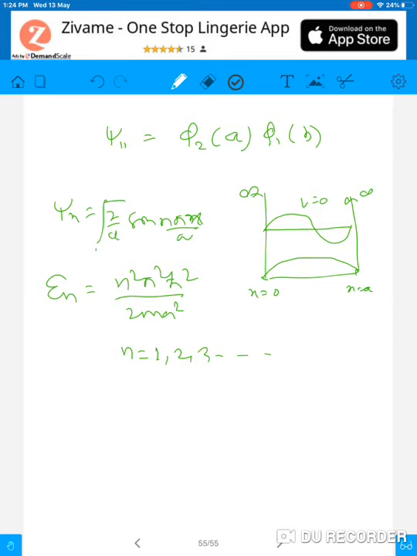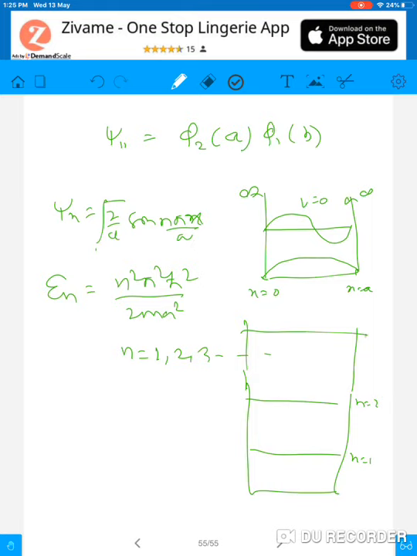For two identical particles, if I draw the energy levels, this is for n equal to 1, this is for n equal to 2 and this is for n equal to 3. Don't bother about the gap between them, because the gap between n equal to 1 and n equal to 4 is 3E0.